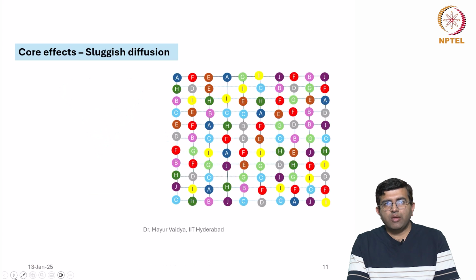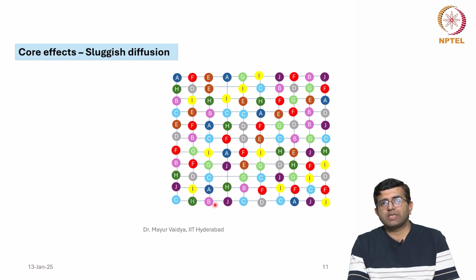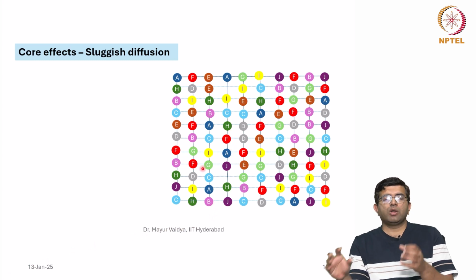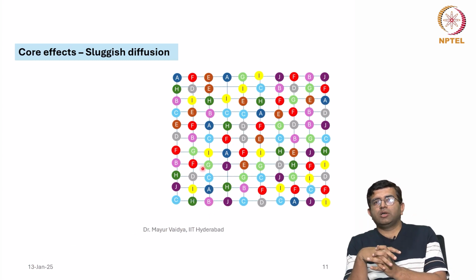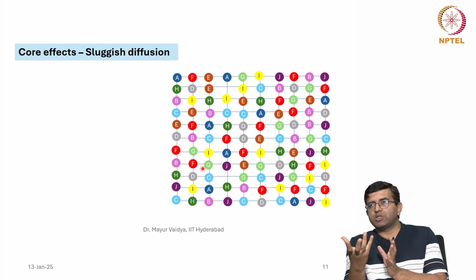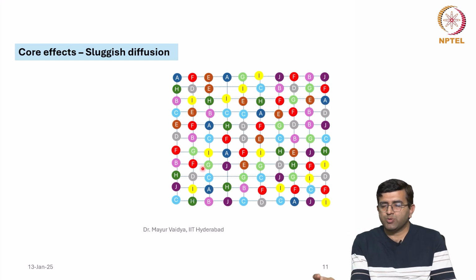Then the fourth very important effect is what is known as the sluggish diffusion. What is expected is that when you have different elements, your defects will be surrounded by varied chemical environments, which can lead to enhanced energy barriers for diffusion.